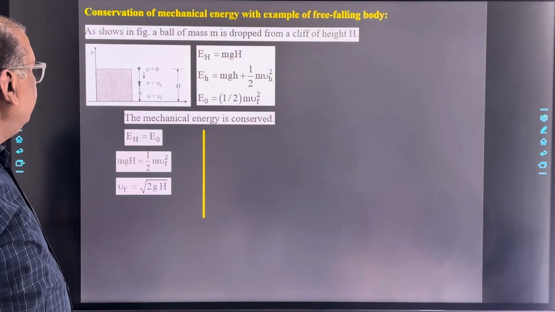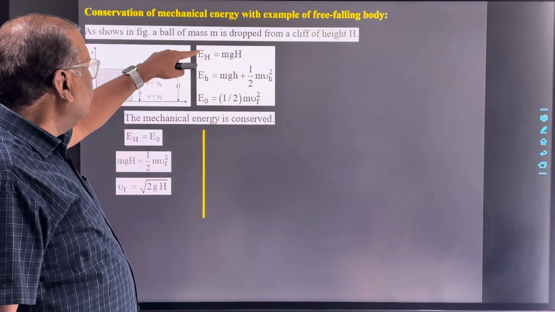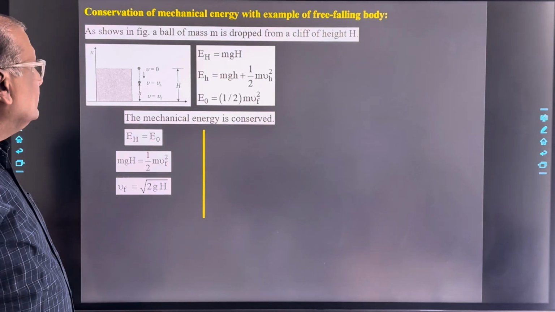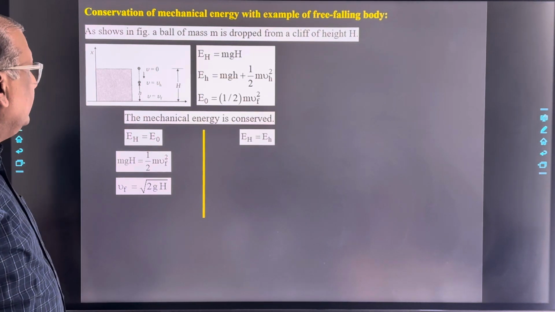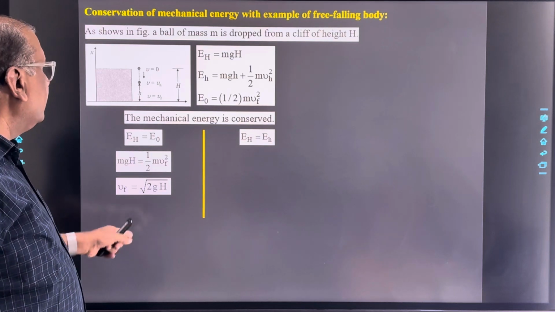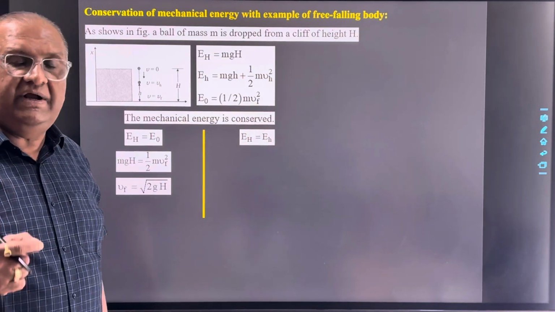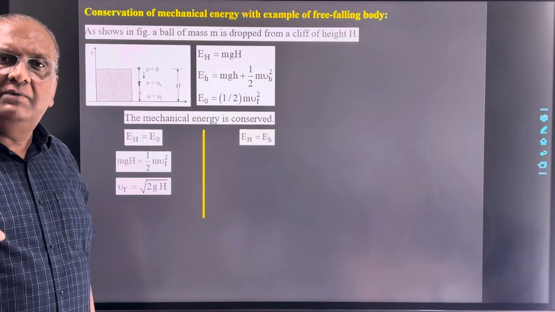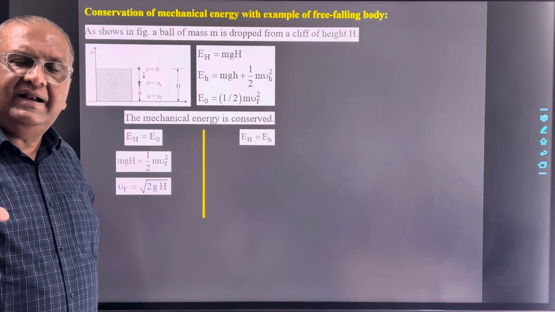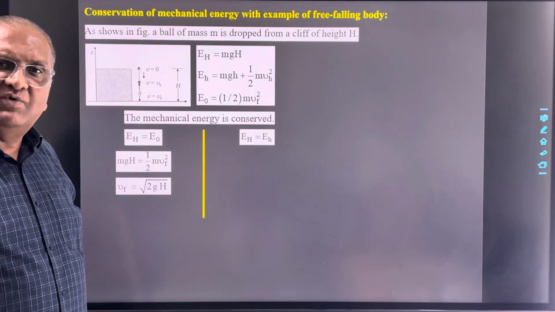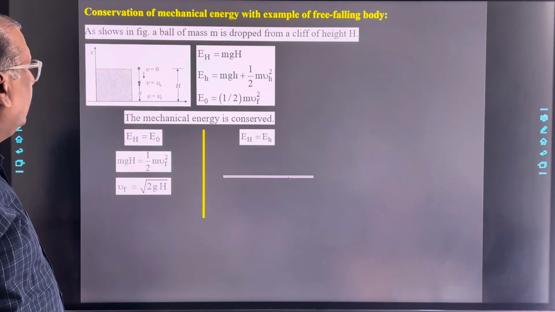Now, if we compare E capital H with E small h, then again we can prepare the equation for vh, with the help of which we can calculate the velocity of the freely falling body at any intermediate position, which is at height small h from the surface of the earth.